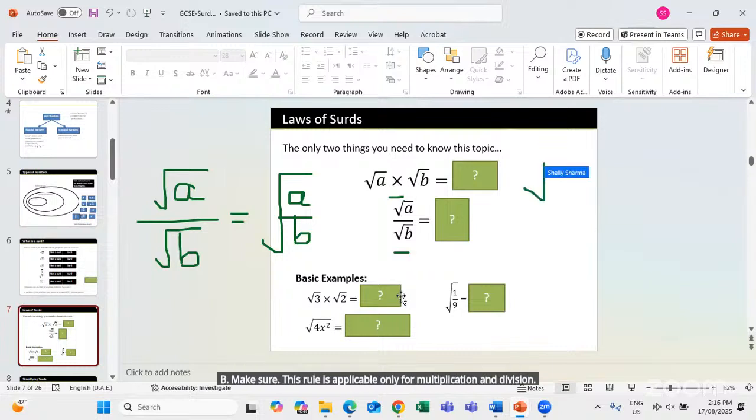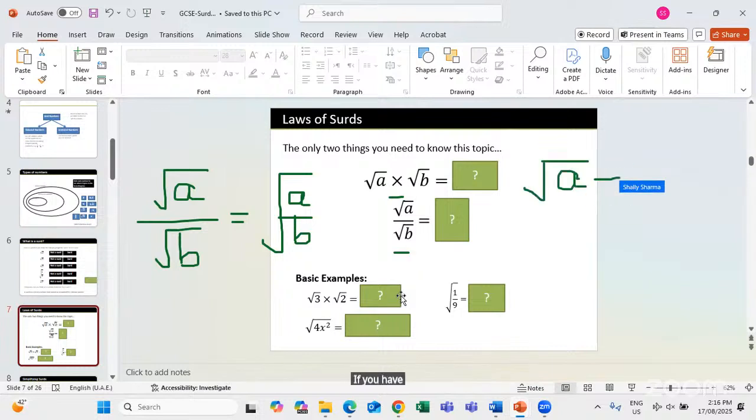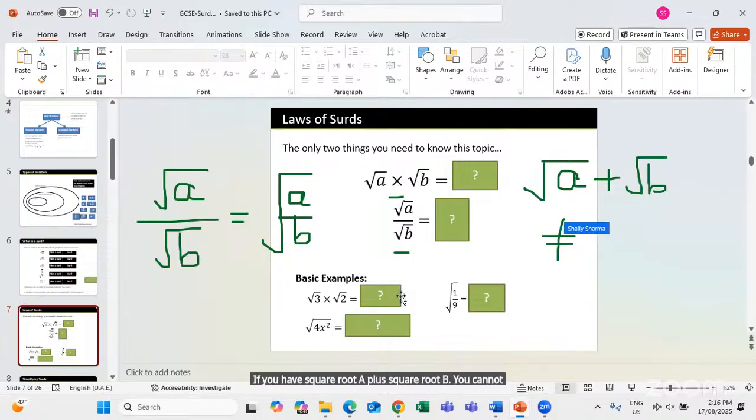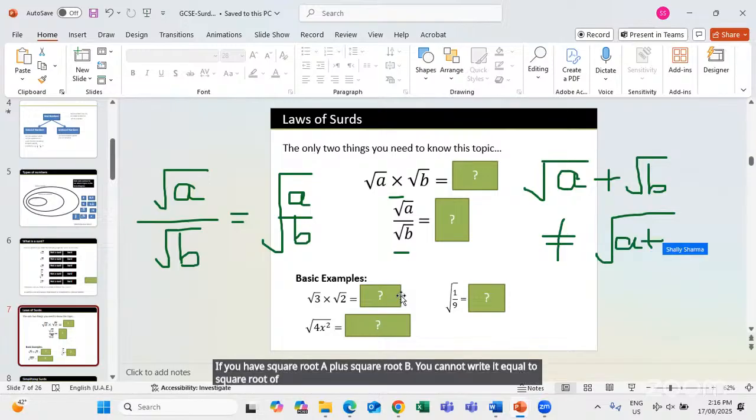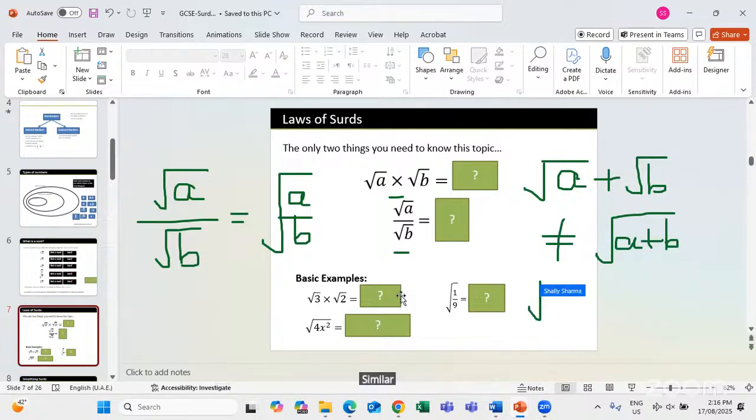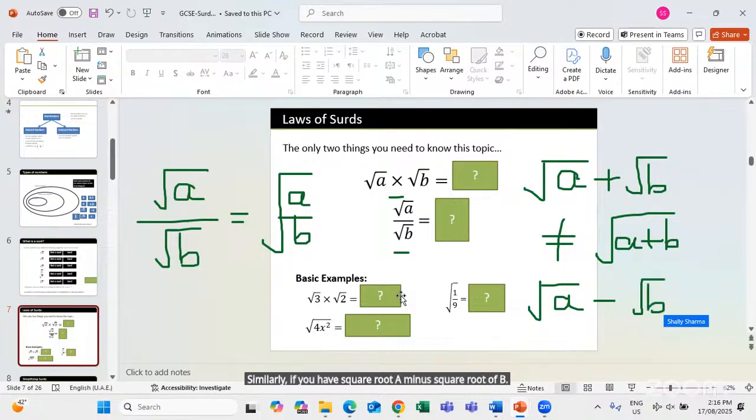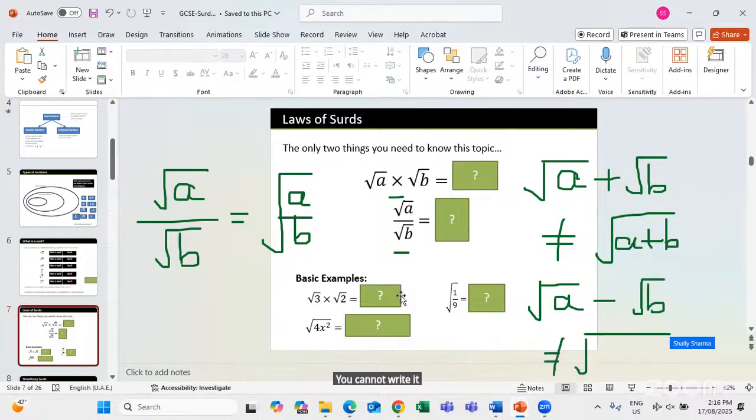If you have square root A plus square root B, you cannot write it equal to square root of A plus B. Similarly, if you have square root A minus square root of B, you cannot write it equal to square root of A minus B. So this is a super important thing.